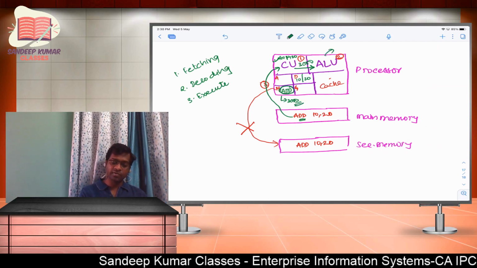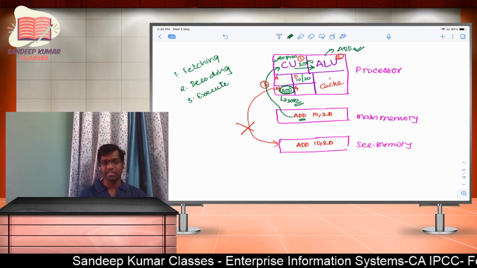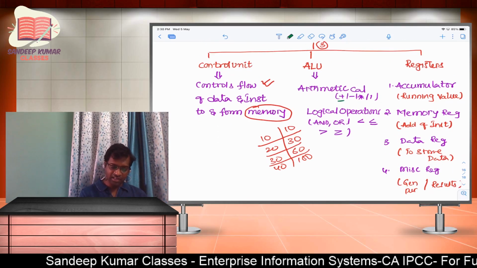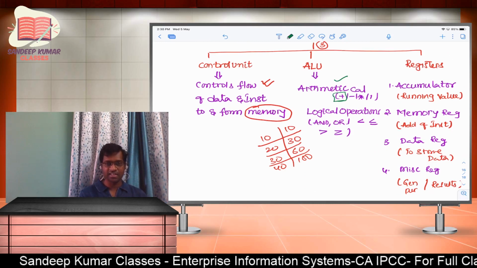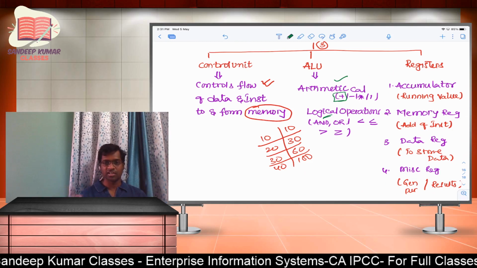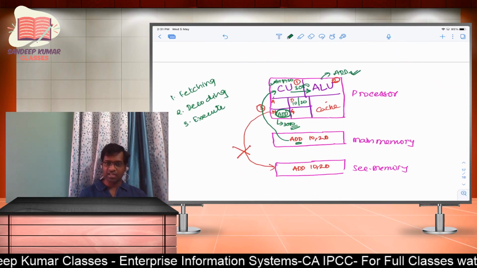Can the ALU perform addition? Yes, because we studied that the ALU can perform arithmetical calculations like addition, subtraction, multiplication, division, and it also performs logical operations like less than, equal to, greater than or equal to. So it performs addition. That is called execution.